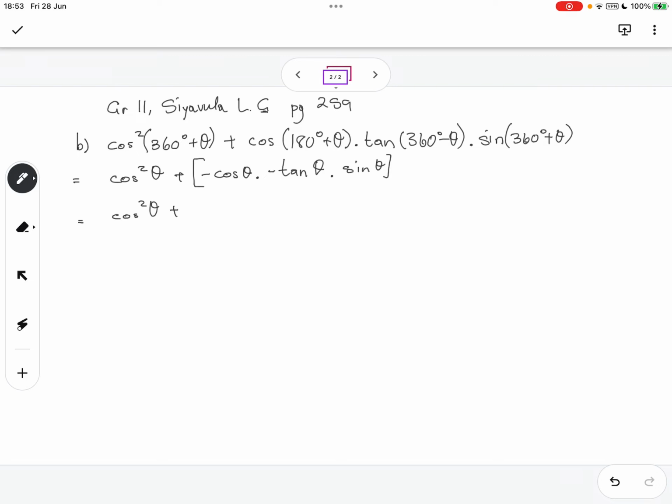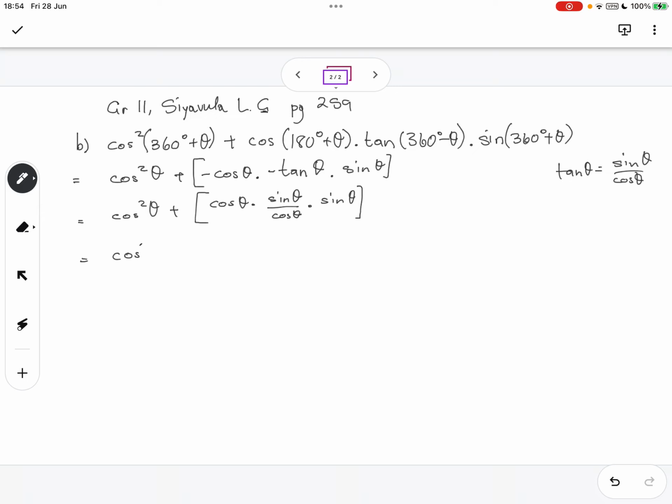Cos squared theta plus the negatives multiply each other out to give you positive. We can write tan theta as sine theta over cos theta because it's a quotient identity. And when we do that, we will have cos theta times sine theta over cos theta times sine theta.